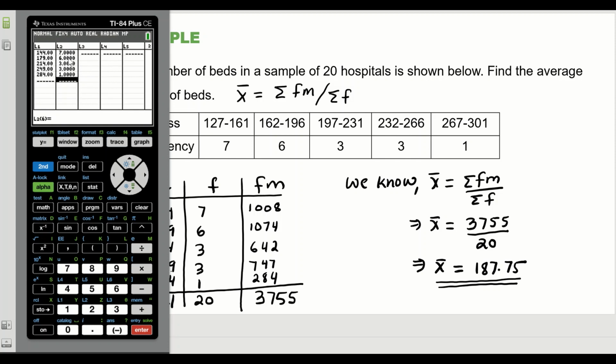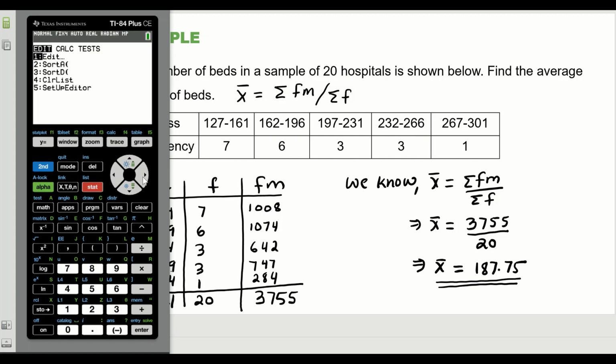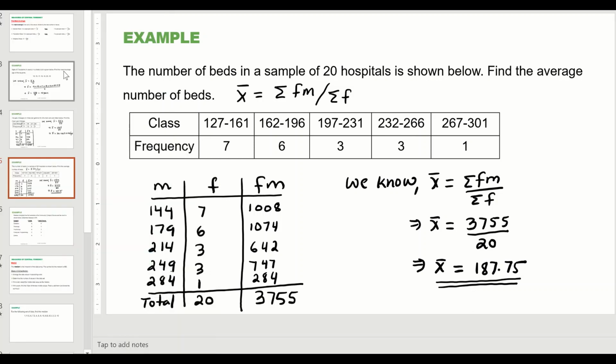After we enter these two, we go to stat, then calculate, one variable stat. Your M is in list 1, frequency in list 2. You adjust that and then enter, and you'll see that your average is 187.75, which matches our manual calculation. That is the third example in calculation of mean, and this is for grouped data.